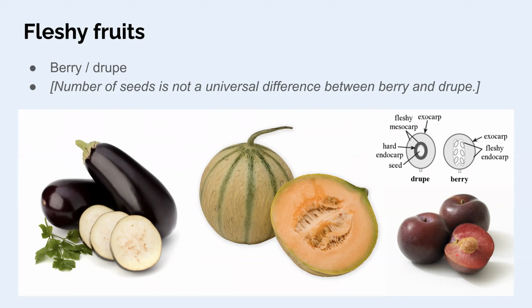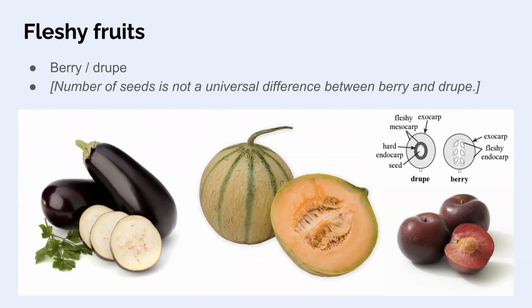All right, so among the fleshy fruits, there are two big kinds. There's drupe and berry. And the difference there is that in a drupe, they've got this stone structure, a hard stone, just like a plum pit here. And the distinctive part about the drupe is not that it's hard so much as the fact that this hard thing is made out of fruit tissue and not seed tissue.